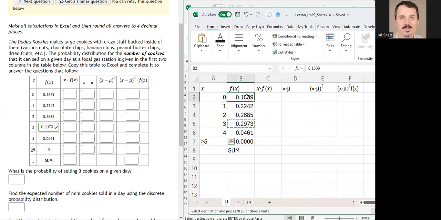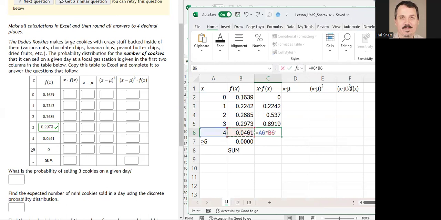But that's not the case here. We don't have equal probability. So what we have to do here is multiply the value of x times its probability first. So 1 times its probability, 2 times its probability, 3 times its probability, 4 times its probability.